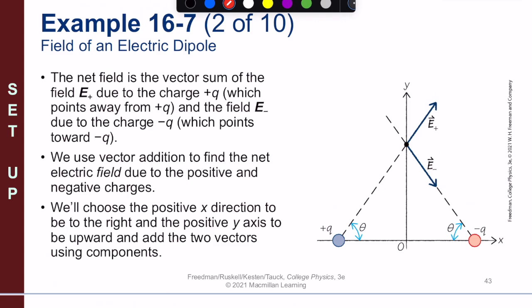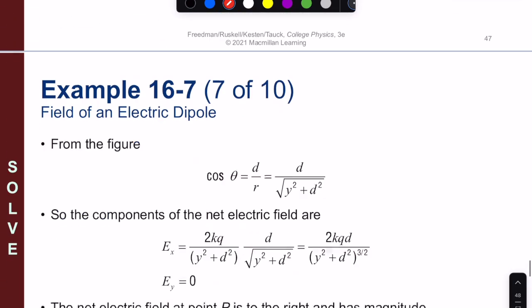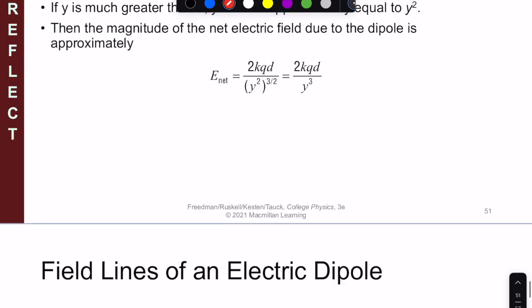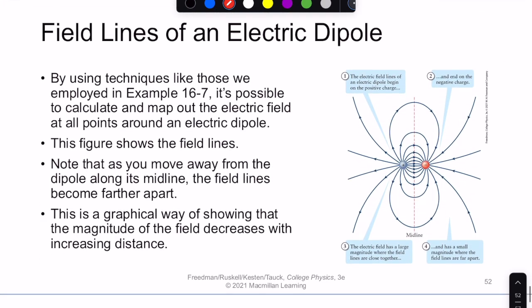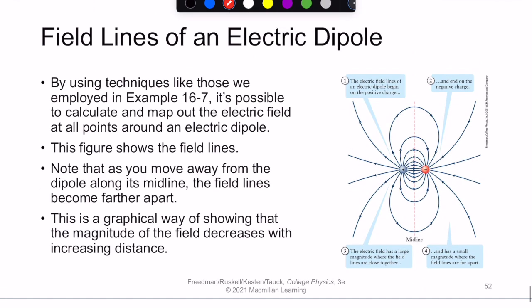And you can notice that at the top of the triangle, we don't have a point charge anymore. We just have a point in space. So when you are done going through that example, come back to this video at this point. And we're going to talk about one last thing in relation to electric fields for the end of this section.